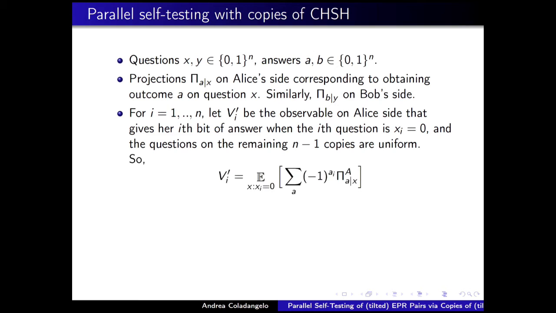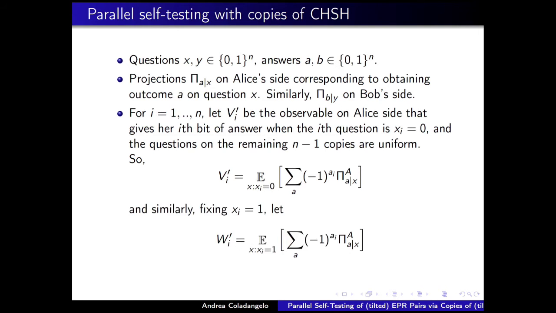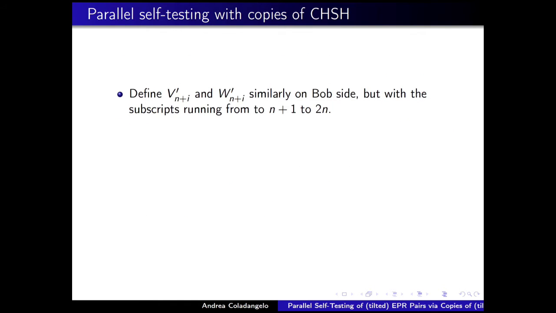So this is the equation for v_i prime, in case it helps you. And we define w_i prime similarly, except that we're fixing the ith question x_i to be equal to 1. Okay, so we can define v prime and w prime similarly on Bob's side, except that we have the subscripts running from n+1 to 2n to distinguish.